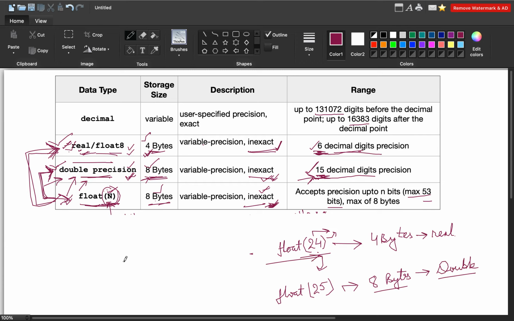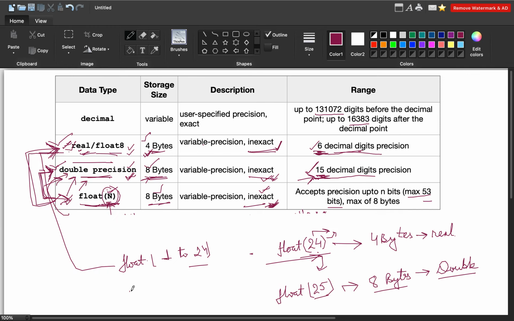That means if float is defined with any value from 1 to 24 bits, then it is of your real type, right? But if it is beyond 24, like 25, then it gets converted to double precision.